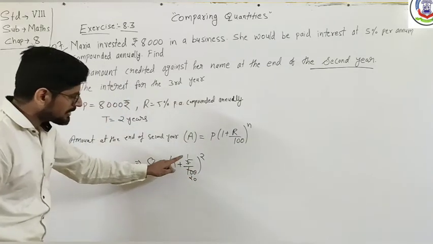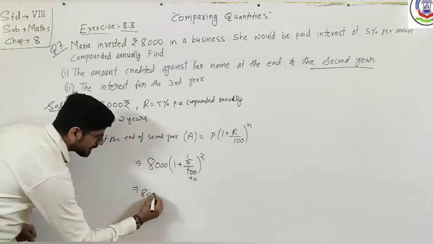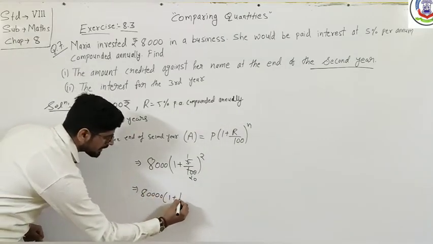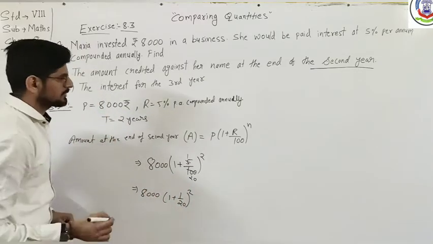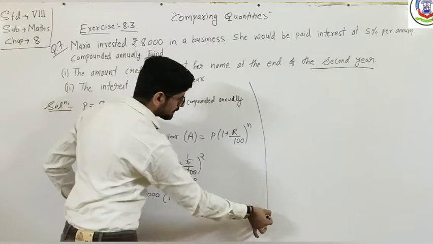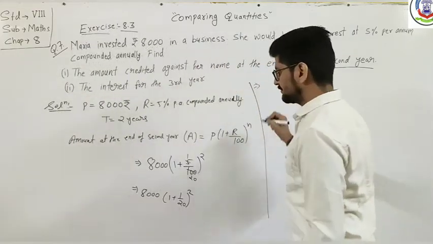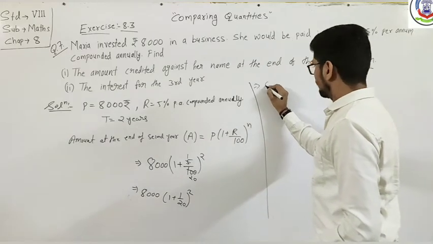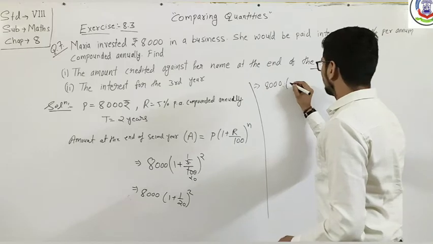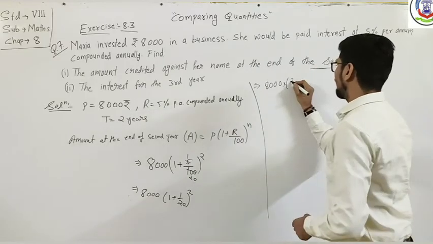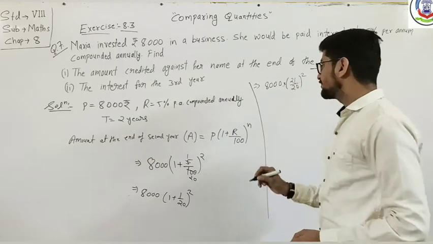That is 1 + 1/20, raised to the power 2. Okay? So 1 + 1/20 is 21/20 raised to the power 2.